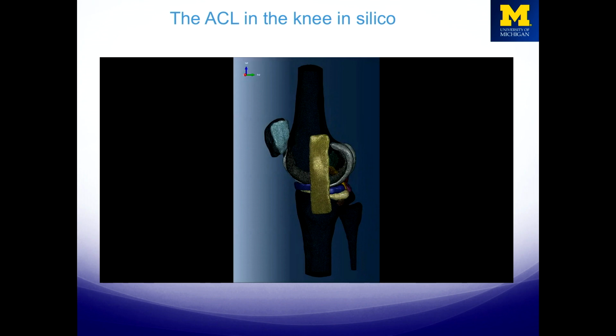To try to do things like, cartilage often has focal defects in it, and there are different potential clinical interventions that one could do. So by studying what happens to the knee joint when you have focal defects in there, and then what happens if you replace it with a plug of cartilage from a certain position, and replace it proud or flush or below the surface level, we can help direct clinical decision making.